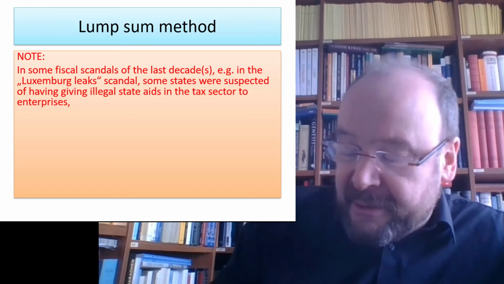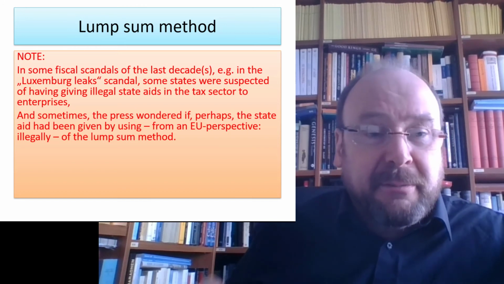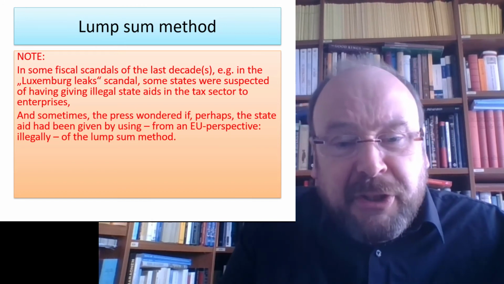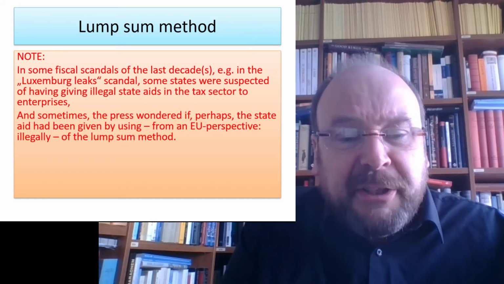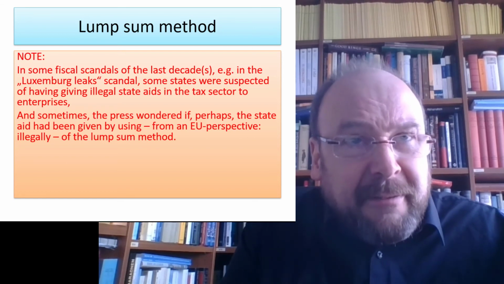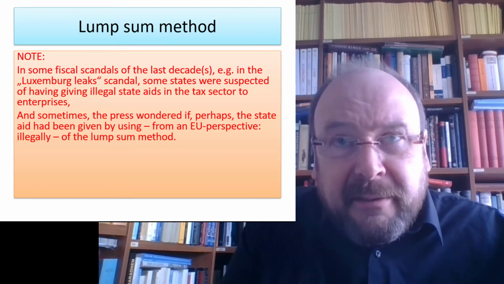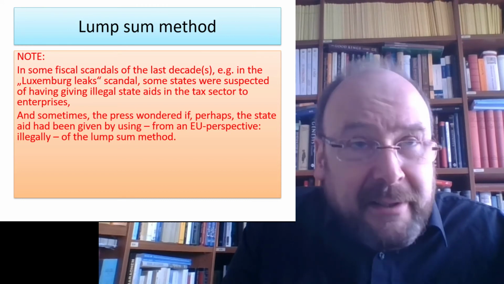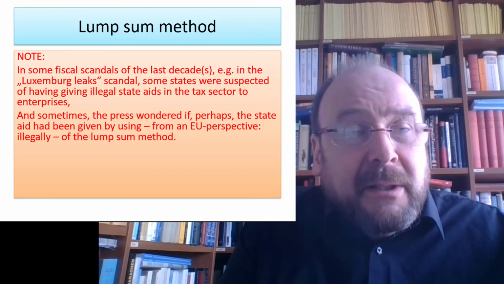One of the ideas we thought about when we first heard about that scandal was, okay, which Luxembourgish rule could have been used for that? We couldn't imagine one. And then we thought, do they perhaps still have, like we have, the lump sum method provision in their text of the law? And did they perhaps illegally make use of it without asking the EU Commission?